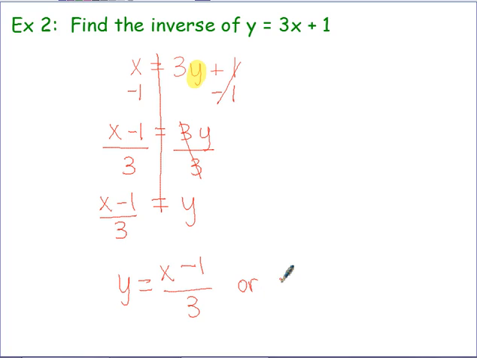So the other option would be y equals, this is a 1, so 1/3 x minus 1/3. So if I ask you to graph it, that's going to be your easier method, to split it up. But I will take either one of these answers.